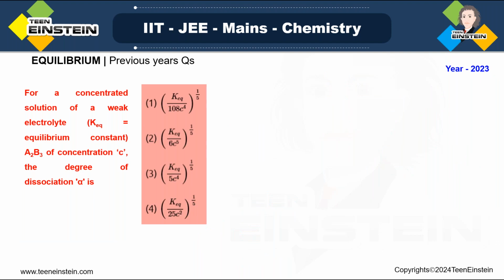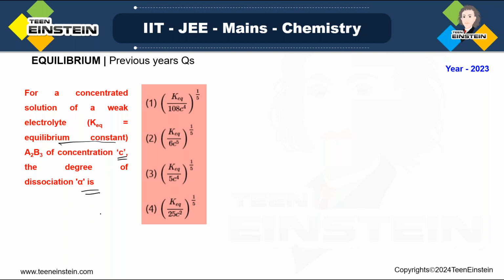For a concentrated solution of a weak electrolyte, K equilibrium, mentioned within brackets, is the equilibrium constant. The weak electrolyte is A2B3. Concentration is given as C and the degree of dissociation is given as alpha.